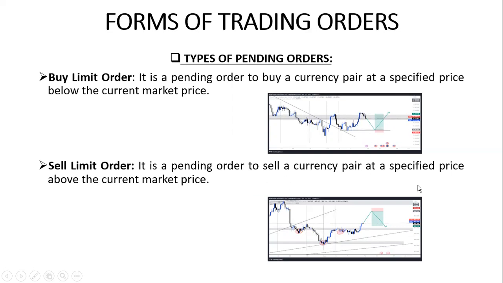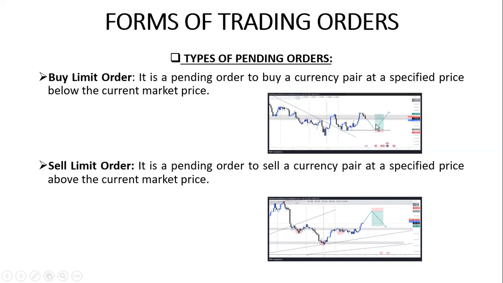Now let's take the sell. The sell limit order is saying that you place a sell pending order at a specified price above the current market price level. Looking at this, you see that price is rising to the upside, but you are waiting for price at this level, that when price gets to this level, it's going to fall.